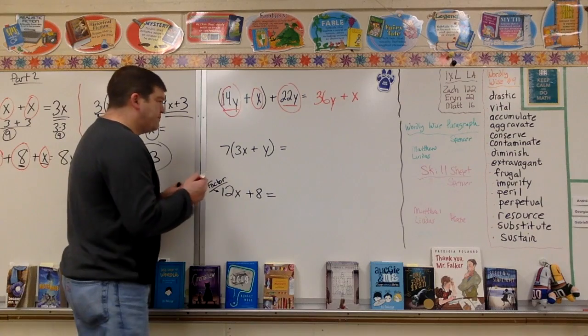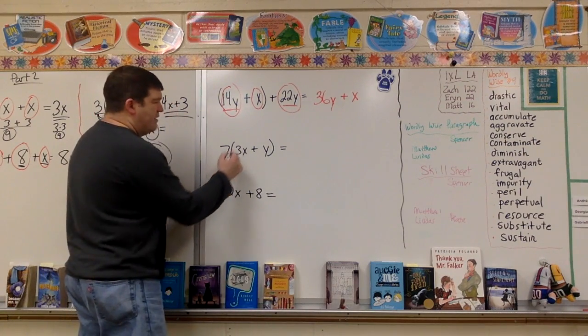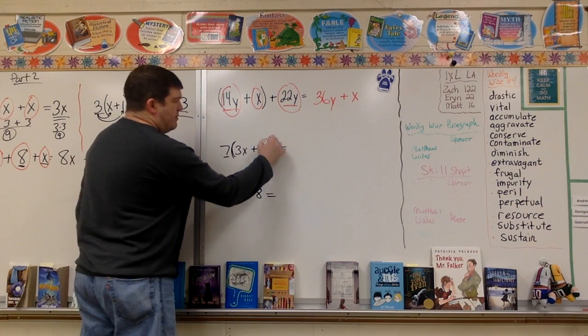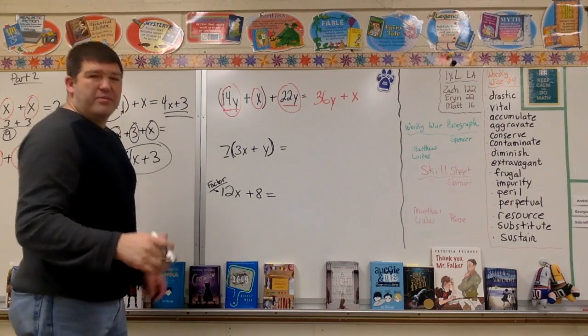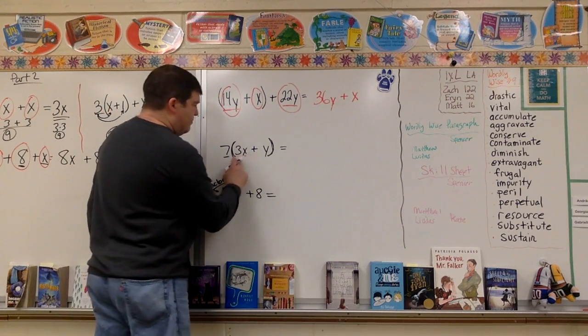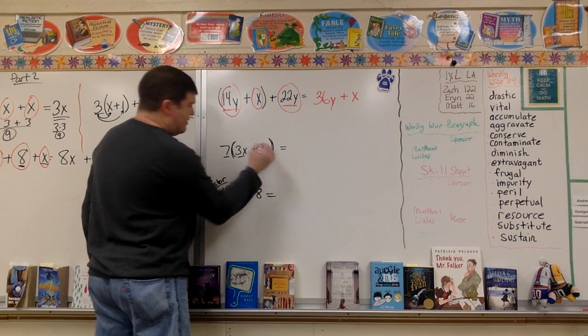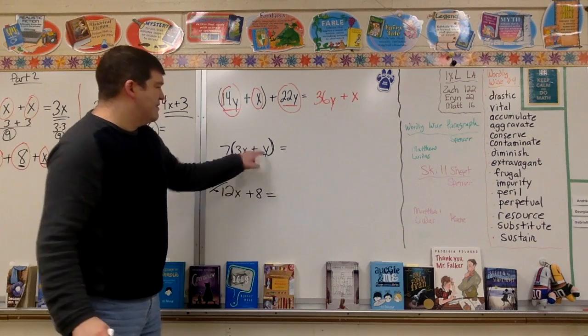Let's look here. I see that I have the 7 here against a parentheses. I'm going to see if I can put this together in here because it'd be easier to put it together and then multiply by 7. I have two terms. This is a term, this is a term. Are they like terms? No. This is an x, this is a y.